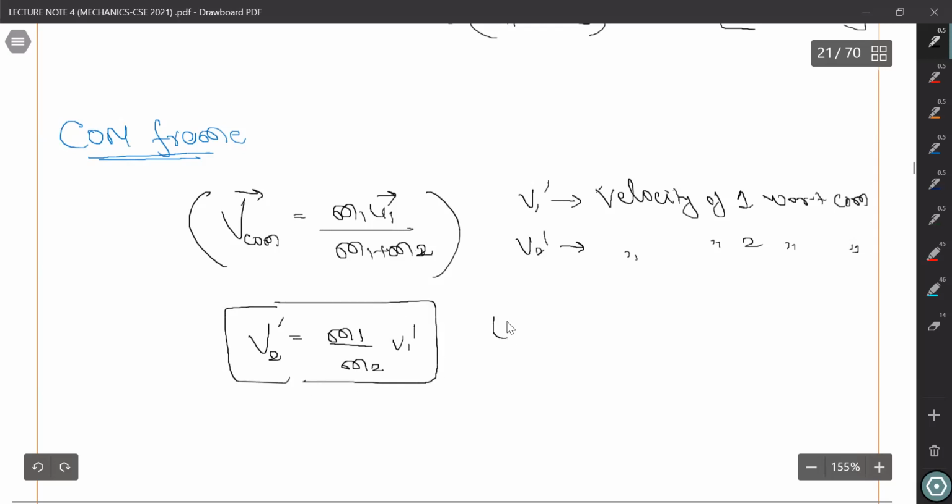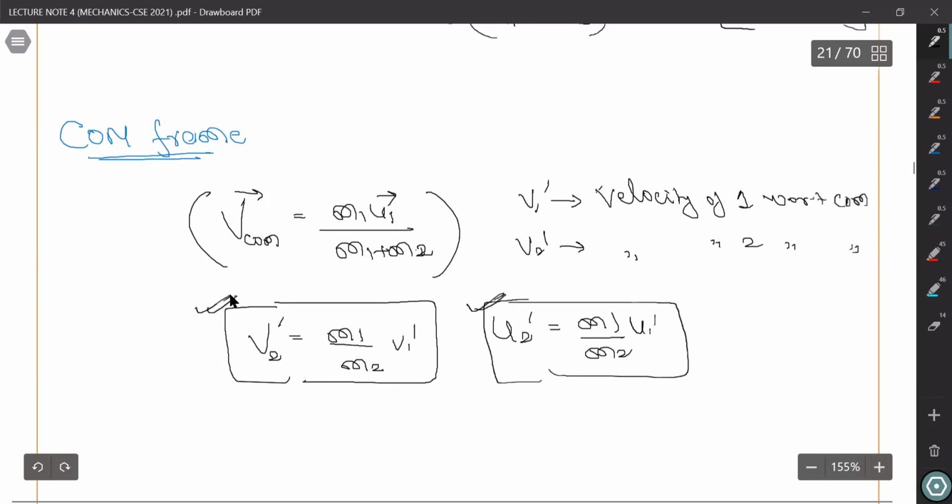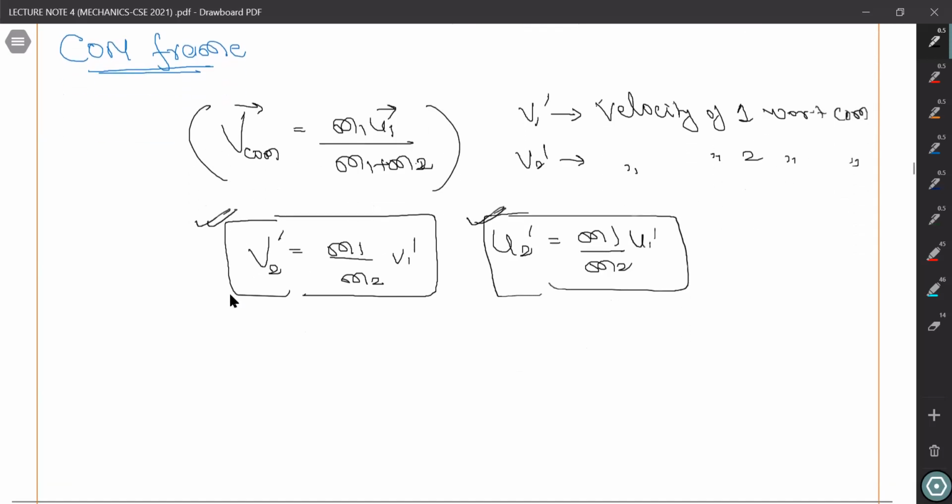Also u2 dash equals m1 by m2 u1 dash. We have already discussed these in our previous lectures. So how to convert this from lab to center of mass frame.